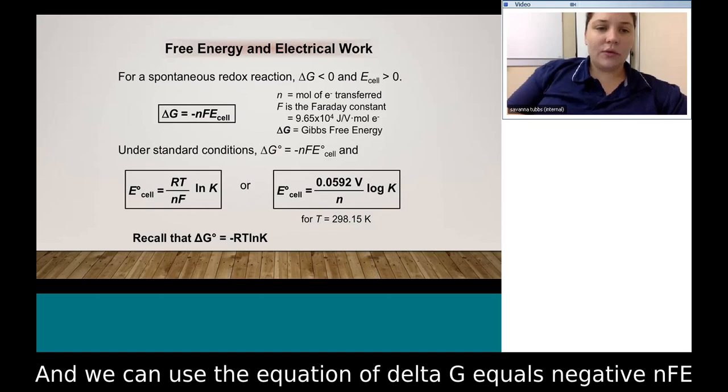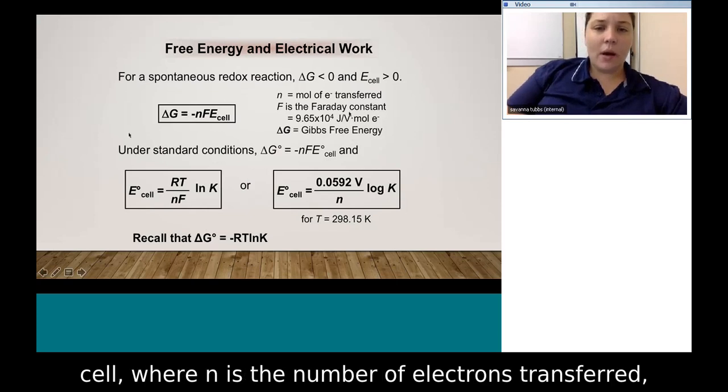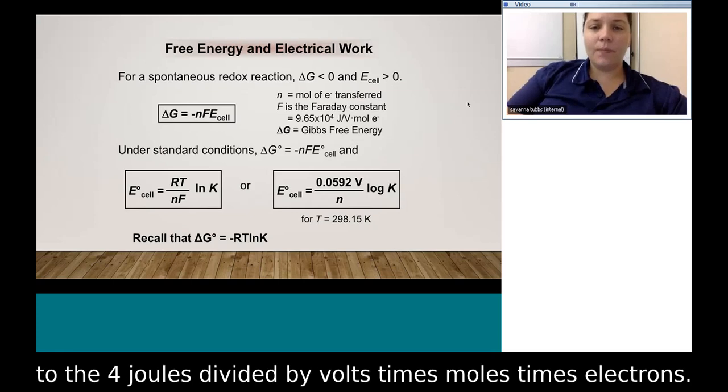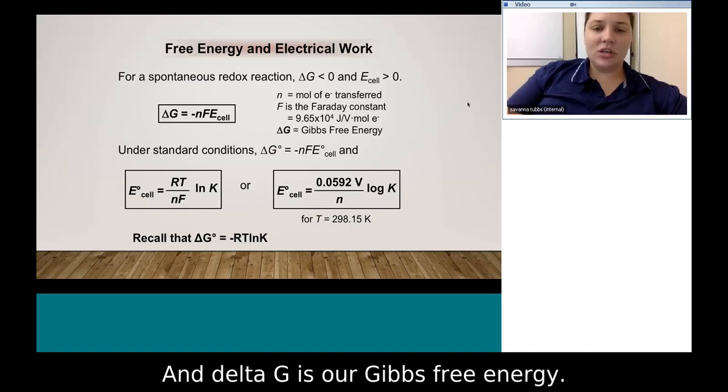And we can use the equation of delta G equals negative nF E cell, where n is the number of electrons transferred, F is a constant, and it's going to be 9.65 times 10 to the 4 joules divided by volts times moles of electrons, and delta G is our Gibbs free energy.